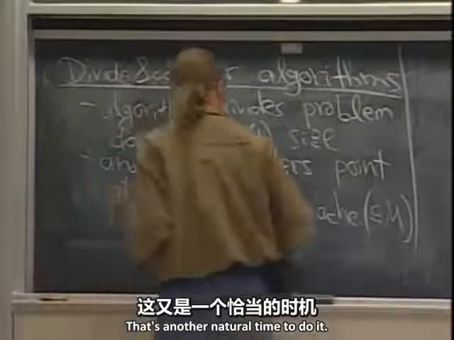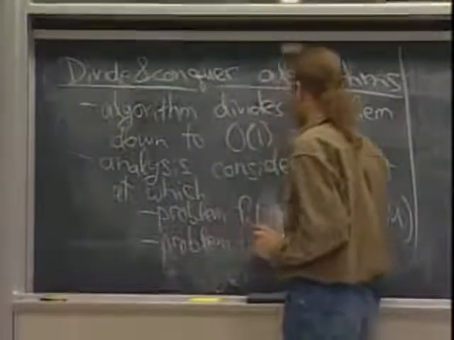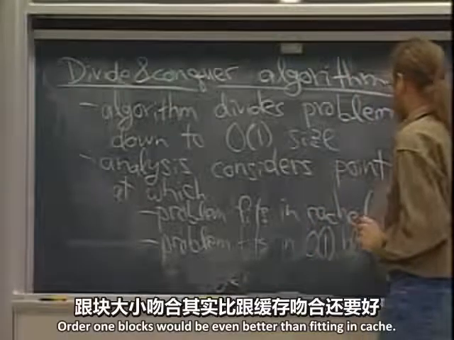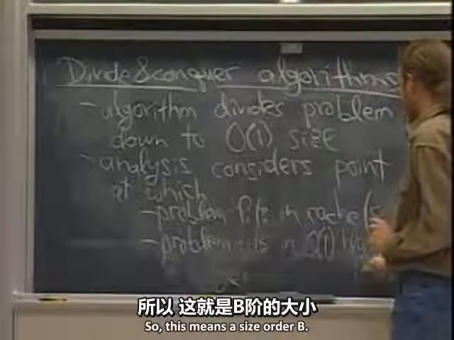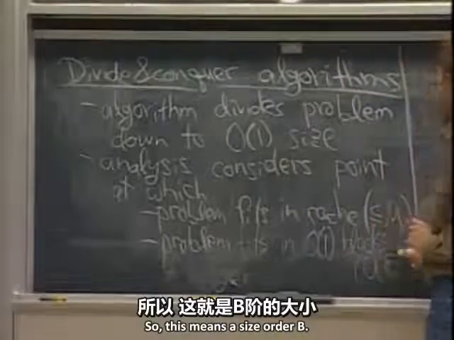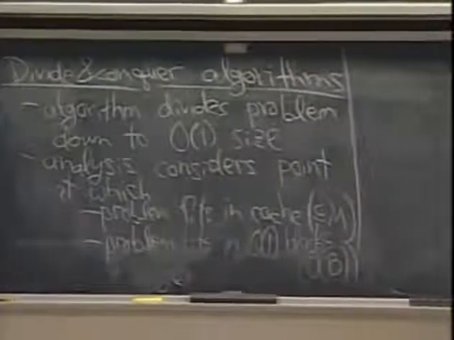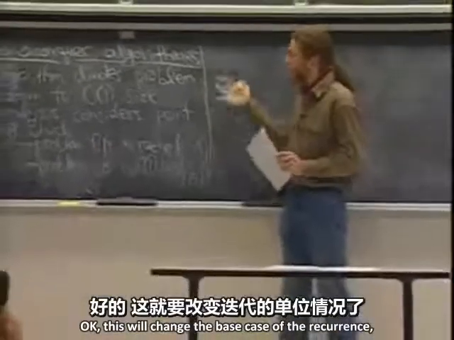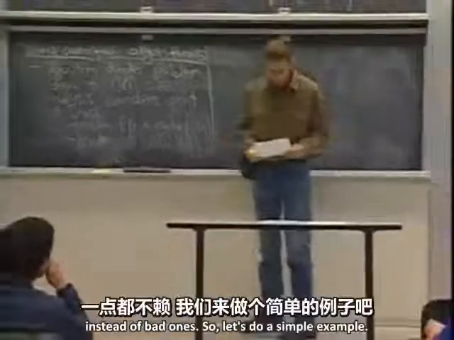That's another natural time to do it. Order 1 blocks would be even better than fitting in cache. So this means it's size order B. Okay, this will change the base case of the recurrence, and it will turn out to give us good answers instead of bad ones.